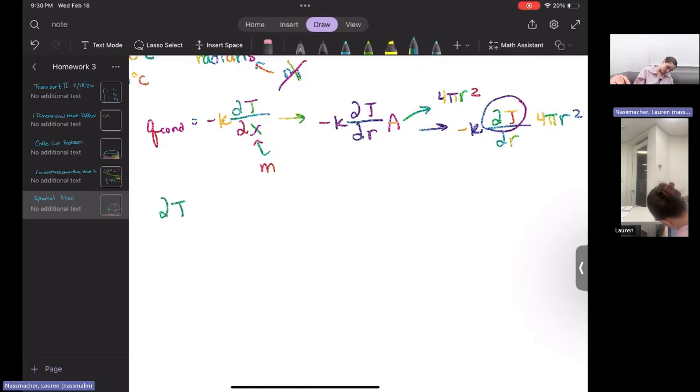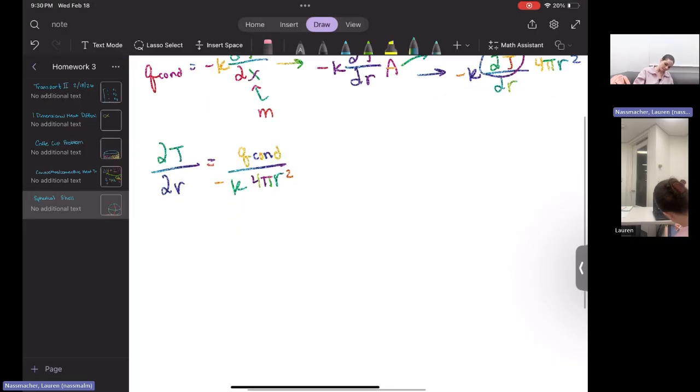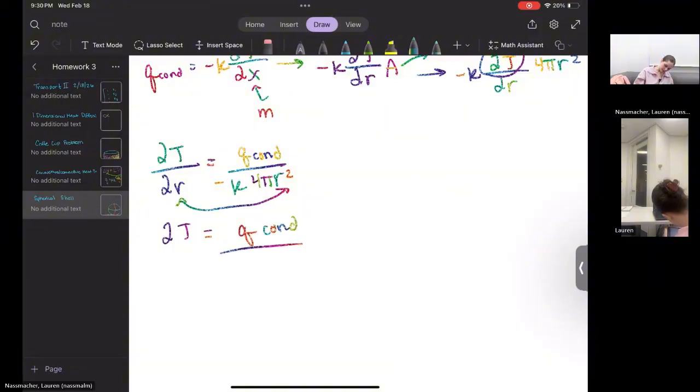And we get that the rate of change of temperature with respect to radius is equal to our heat conduction divided by negative thermal conductivity multiplied by 4 pi r squared. Multiply that r over, and you get this equation right here.